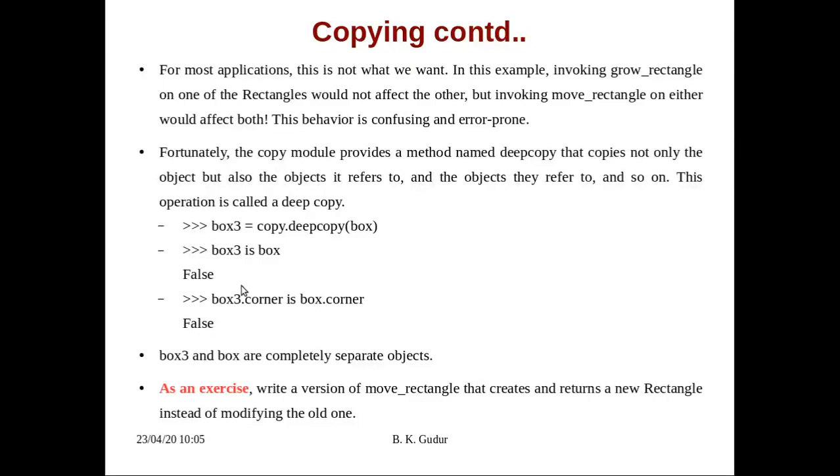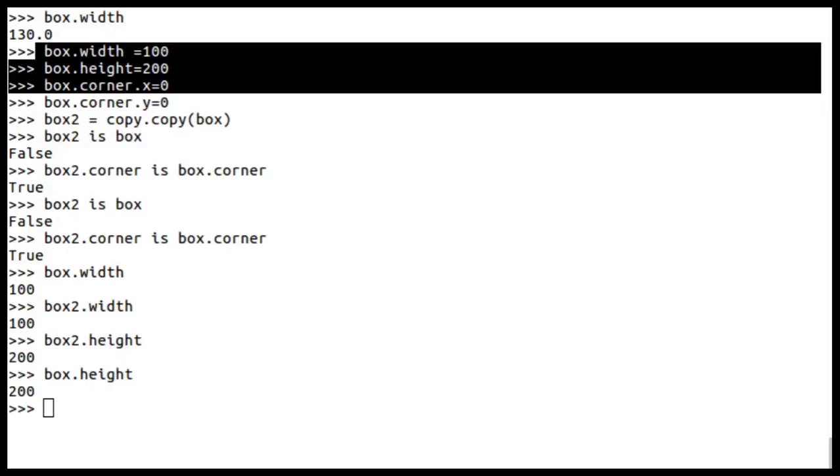So let us execute this in the terminal. Already we have box.width which is 100, box.height which is 200, and box2.height is 200, and box2.width is 100.